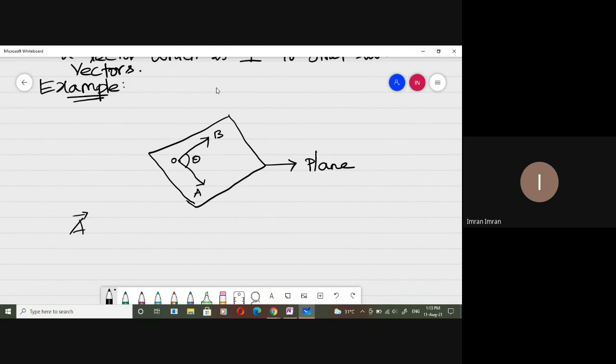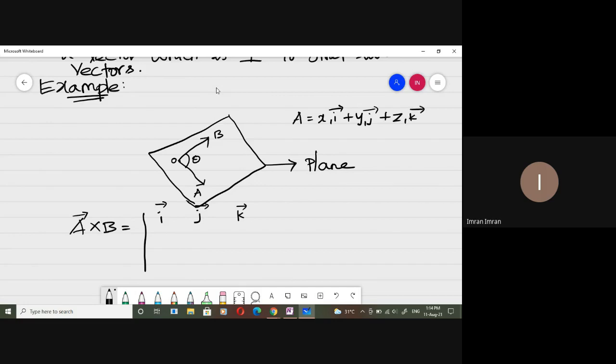A vector cross B vector, in determinant form: the first row is i vector, j vector and k vector. The second row is the coefficients of the A vector, x1 i, y1 j, z1 k.